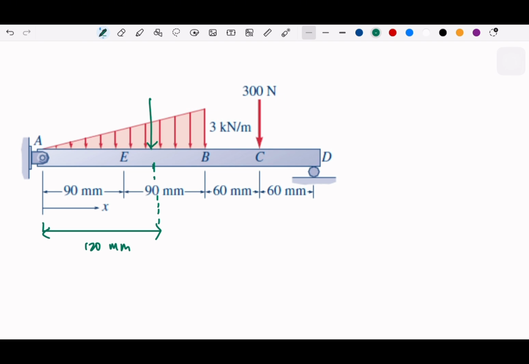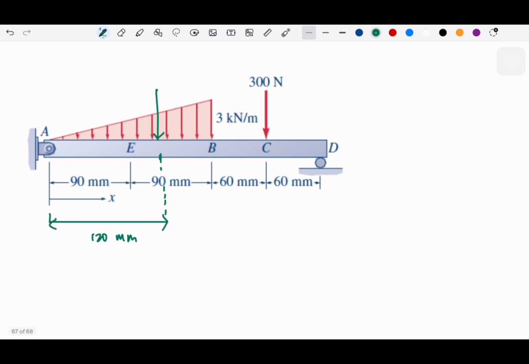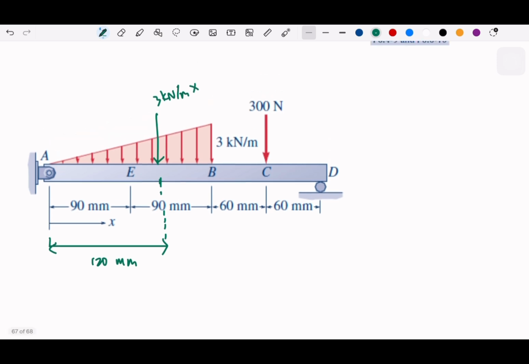So 3 kilonewtons per meter multiplied by 0.18 meter divided by 2. Let's say we have 1,500, multiply this, should be around 270 Newton, right?